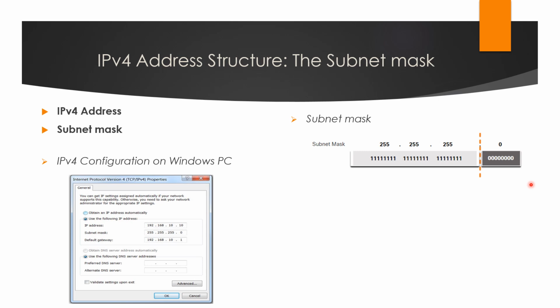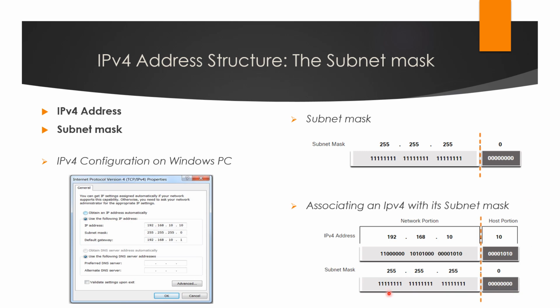To identify the network and host portion of an IPv4 address, the subnet mask is compared to the IPv4 address bit for bit from left to right, as it is shown here. You can see that the subnet mask does not actually contain the network or host portion of an IPv4 address. It just tells the computer where to look in the IPv4 address for the network portion and which part is the host portion.